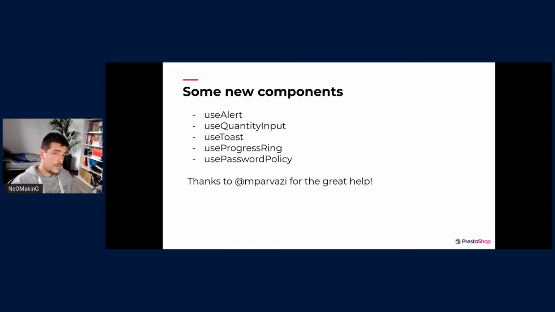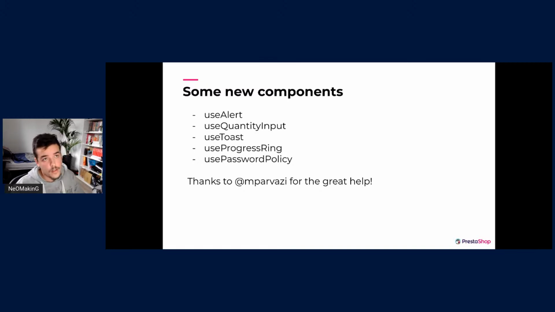useQuantityInput is used for every quantity input on the whole theme, because we have some quantity inputs, for example on the product page and on the checkout page, and we needed to handle the state of this input and call some requests while using it. useProgressRing is mainly used on the responsive form of the checkout page. It permits you to manage some steps of a progress ring.